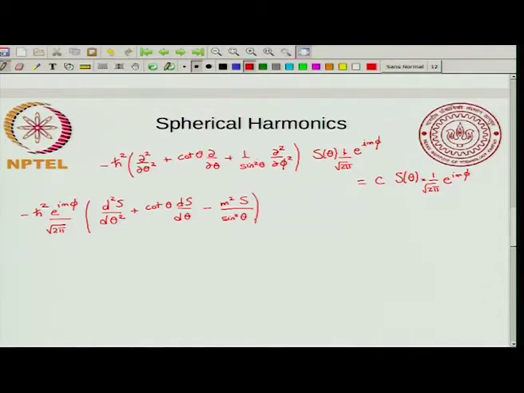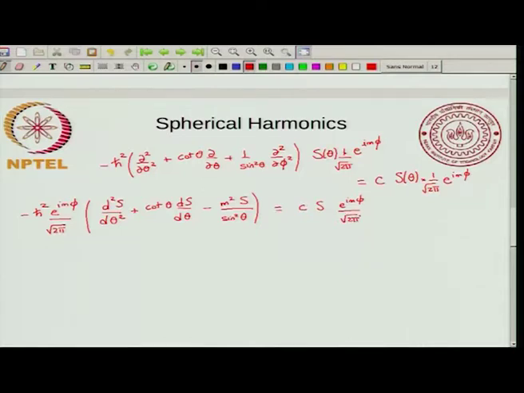I took e to the i m phi outside, so this is what I am left with, and this is equal to c s e to the i m phi by root 2 pi.